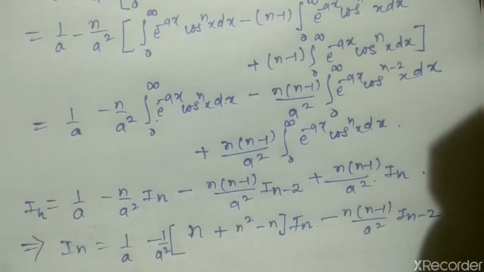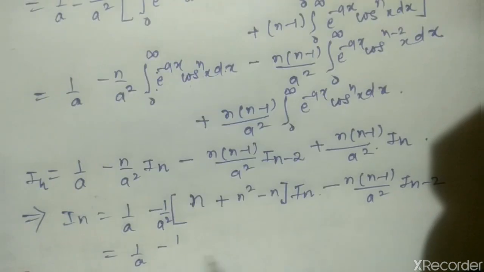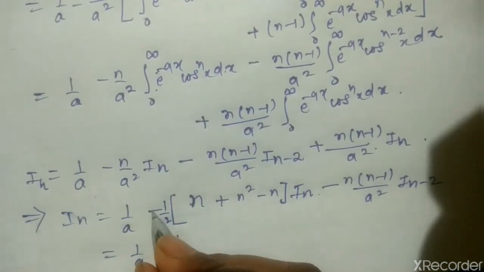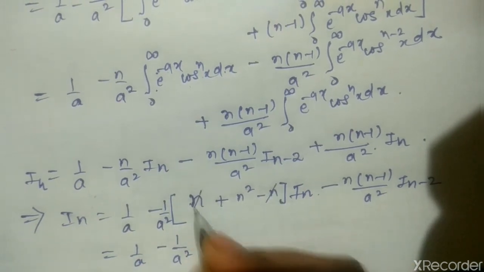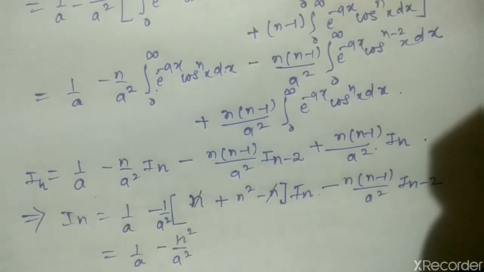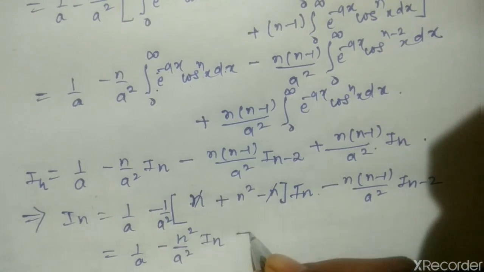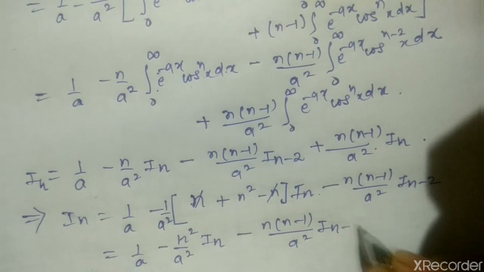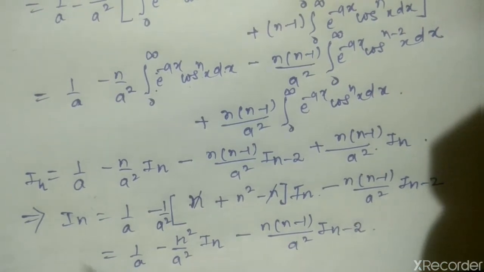So this is equals to 1 by a minus 1 by a square, here is a minus sign, so minus and minus being cancelled, so we are left with n square In, and then we have n into n minus 1 divided by a square I n minus 2, fine.